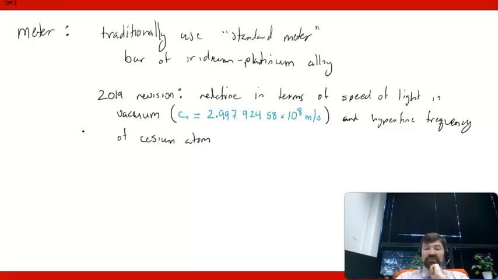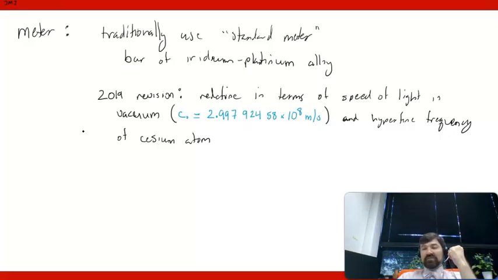Does that revision mean that we've really changed how long a meter is? Well, yes and no. It essentially means that instead of saying that the meter has this exact value given by this artifact, this bar of metal, the meter now has an exact value, but it's not defined by any tangible object that you hold in your hand. It's defined by light.